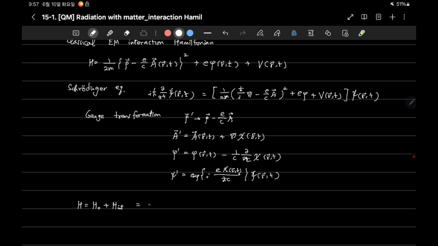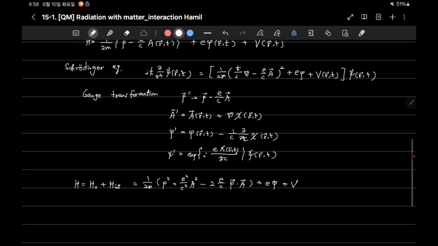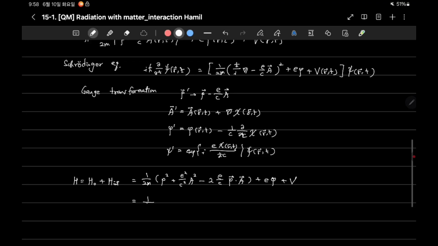From the above Hamiltonian, (1/2m)(p² + e²A²/c² − 2(e/c) p·A) + eφ + V, the non-interacting Hamiltonian is p²/2m plus V(r).